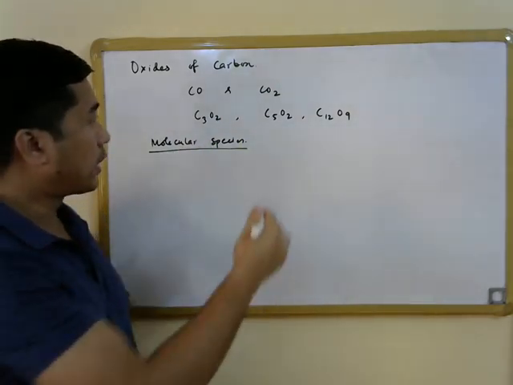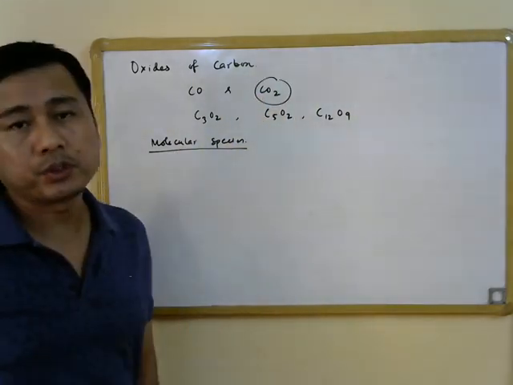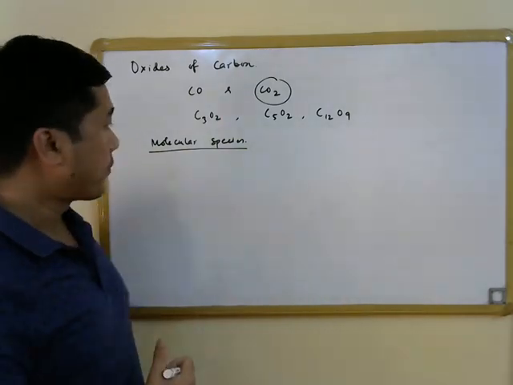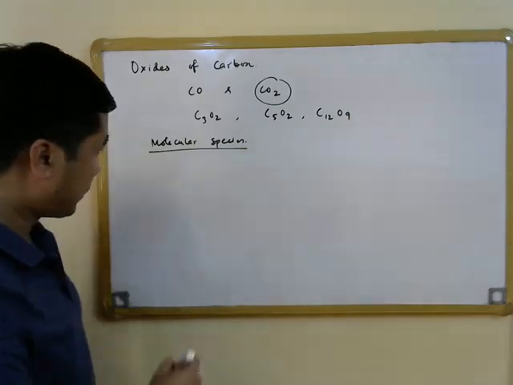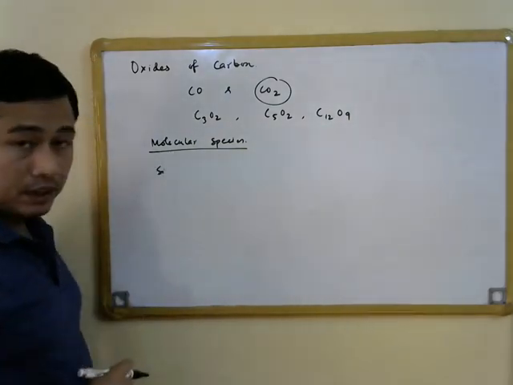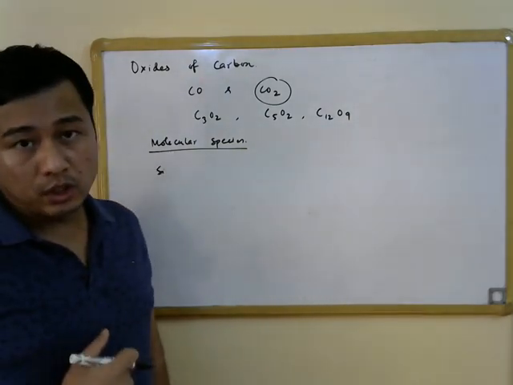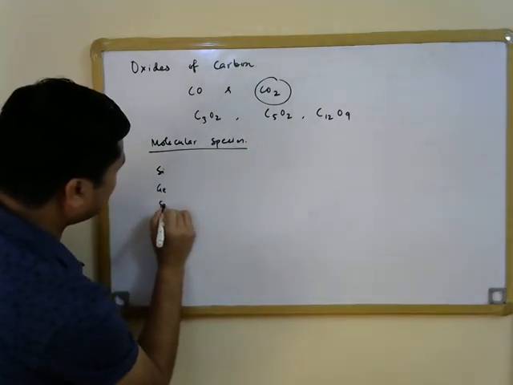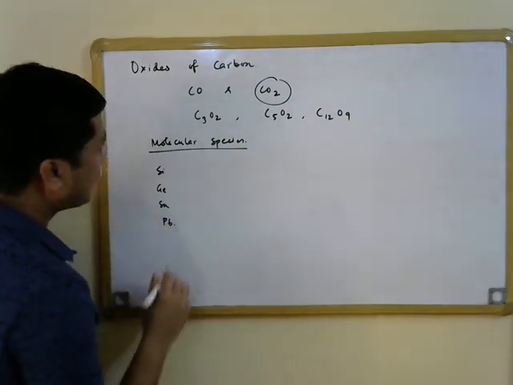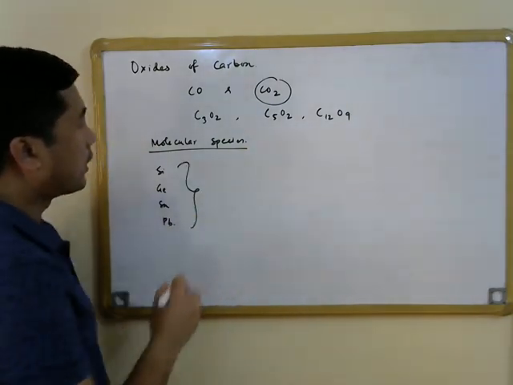But the oxides of the other group 14 elements, for example silicon, germanium, tin or lead, are not molecular species.